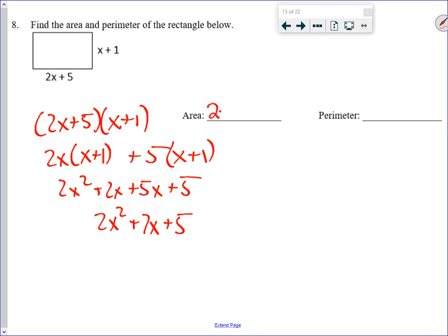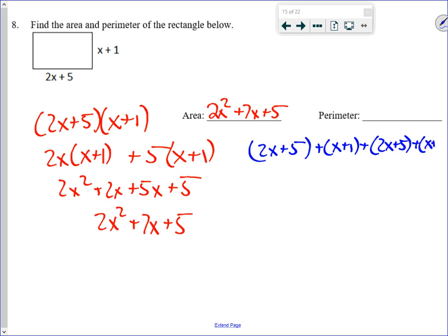So this is 2x squared plus 7x plus 5. The perimeter is adding up all the sides, so that's 2x plus 5 plus x plus 1 plus 2x plus 5 plus x plus 1. And that'll be 6x plus 12.